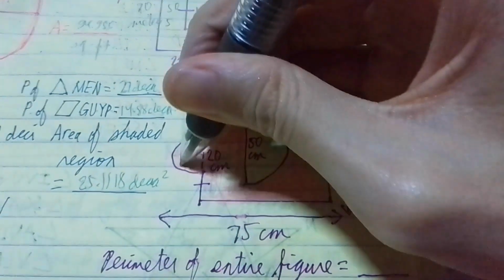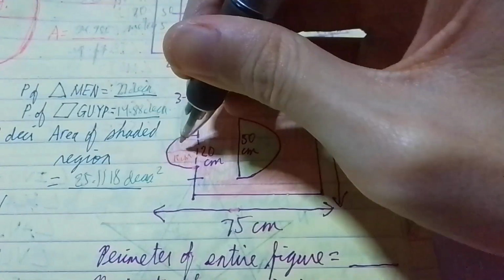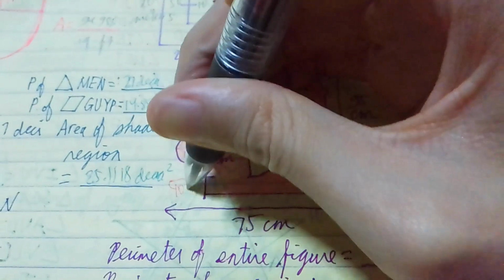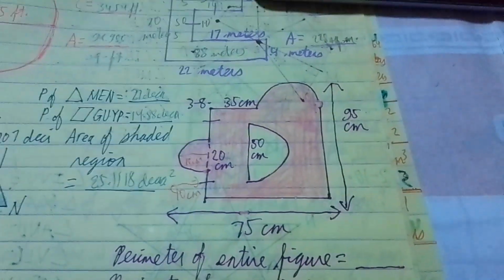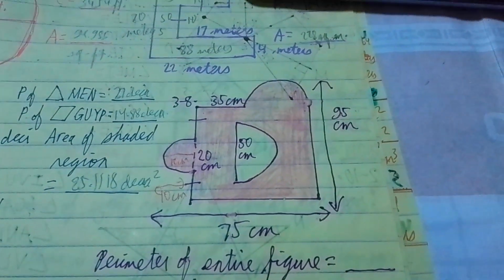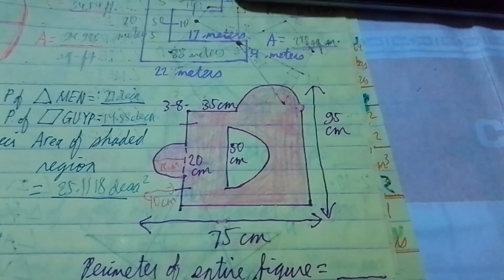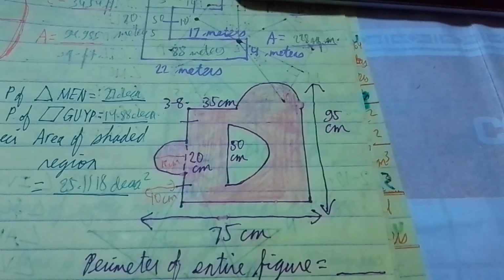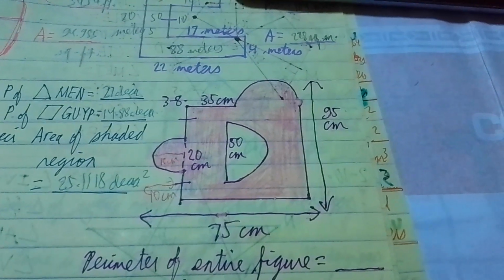So therefore, this dimension here would be 10 cm. Yan. 10 cm ito. So ito hanggang dito ay 10 cm. Gets? 10 centimeters.